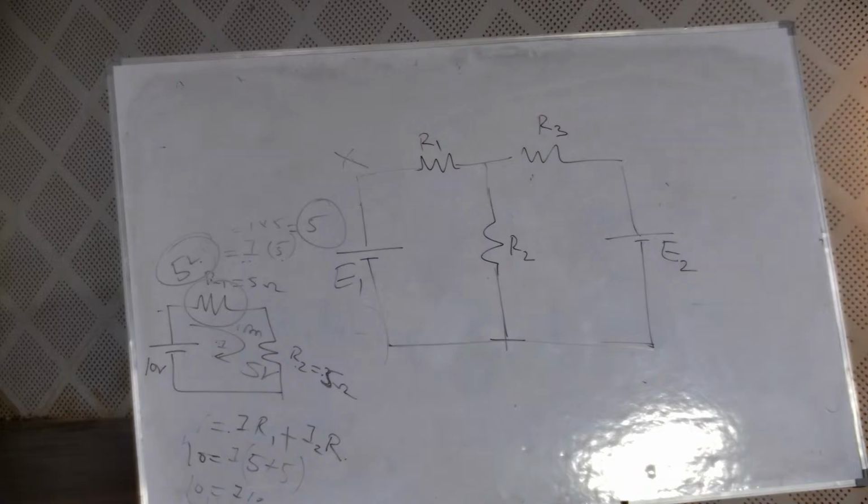Take one diagram. This is the diagram, then you will understand the sign convention, whether it is +E1, -E1, +E2, -E2. You will understand by seeing this diagram, for the batteries only. Clear, sign convention.